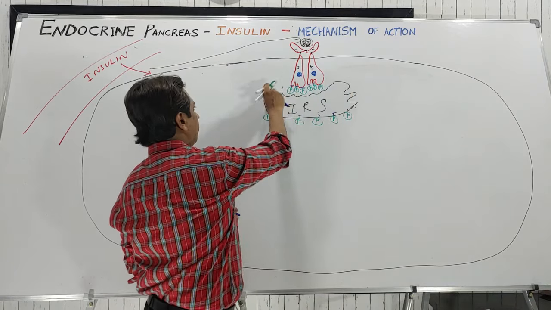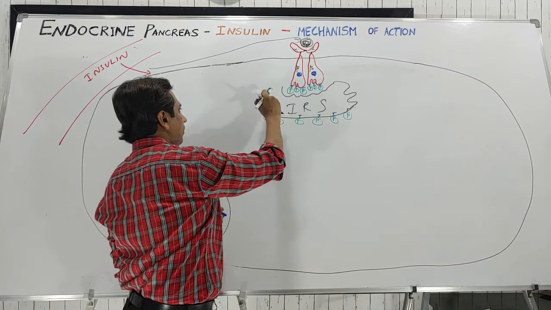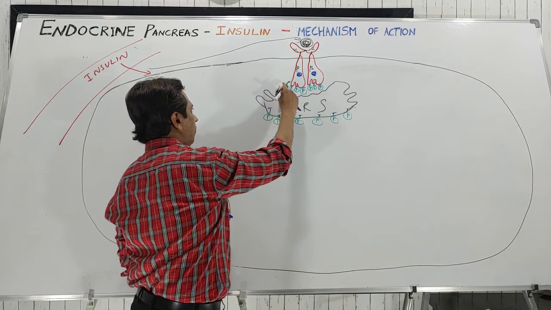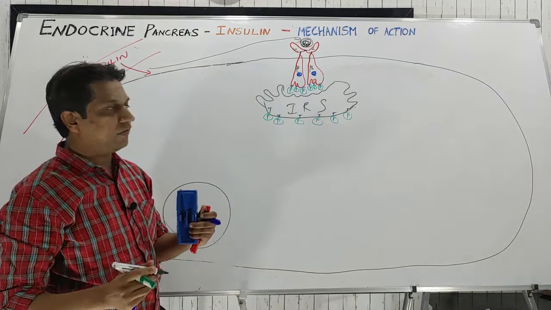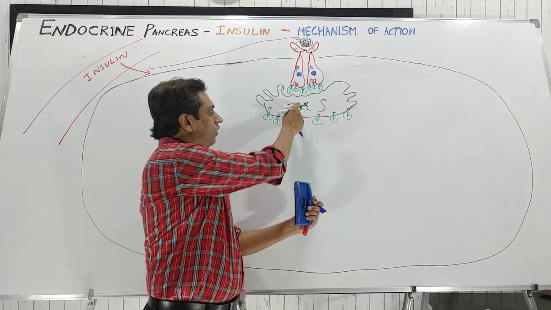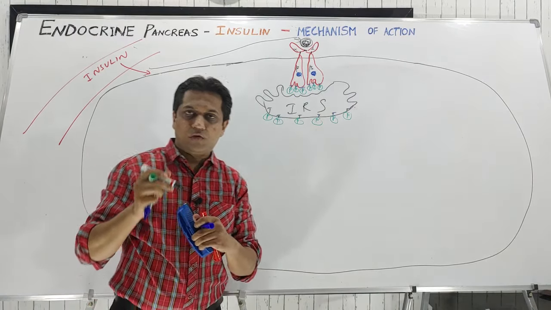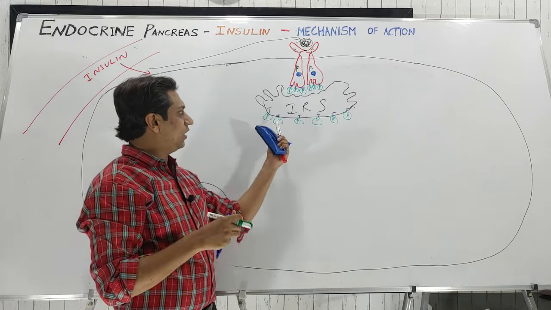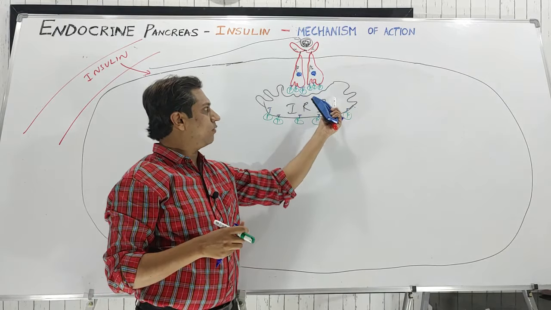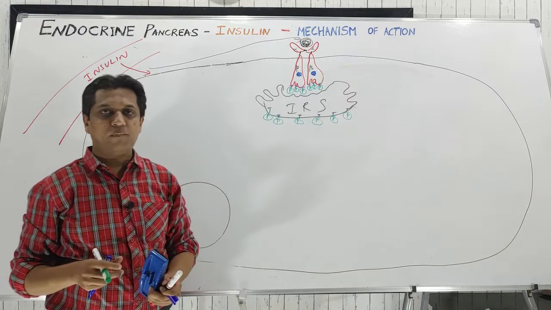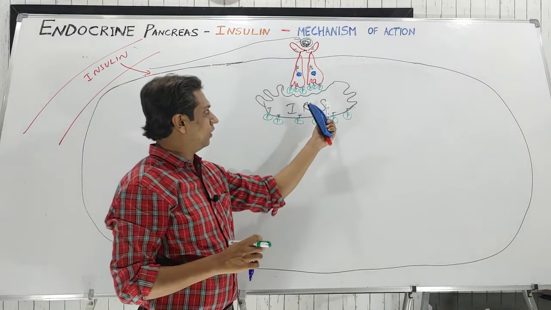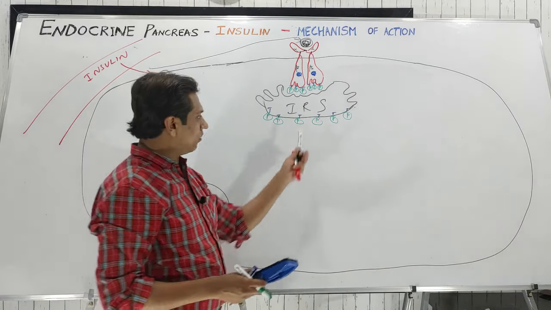So it gets activated, and there are structural changes after the phosphorylation of this IRS molecule. Okay, so once it is activated and there is a conformational change, now the main thing happens. These are known as docking proteins.